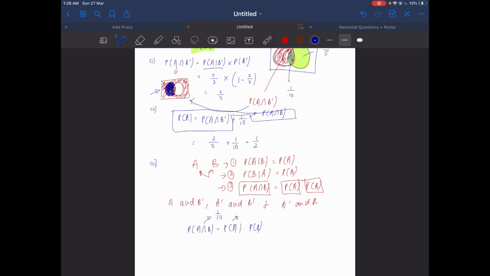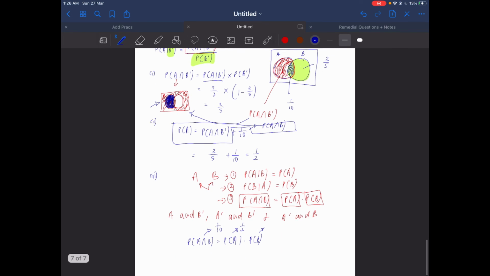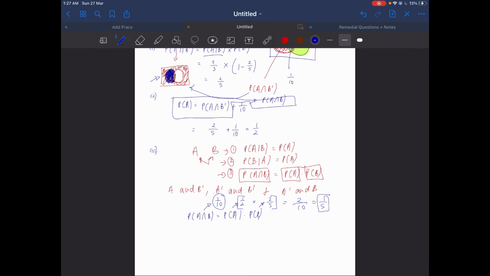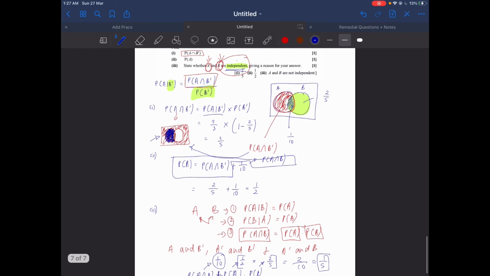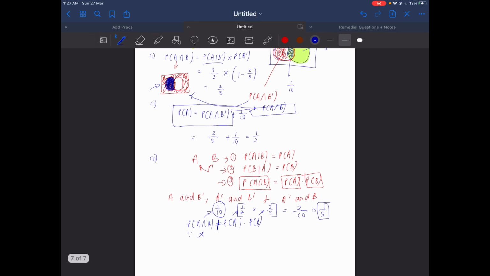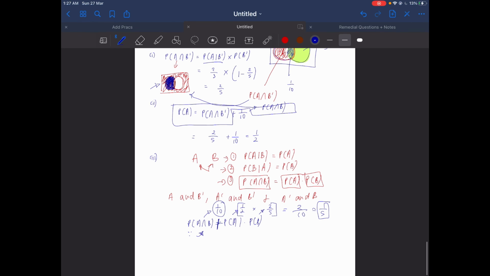And then this we found just now as half, and this is 2/5. So this times this is not equal to this. So we can say that they are not equal, and since they are not equal, A and B are not independent events because of this.